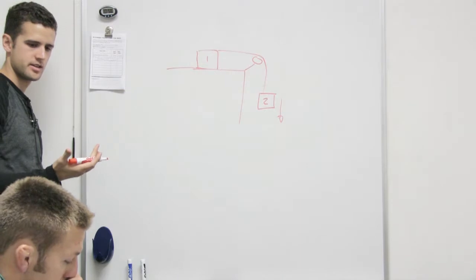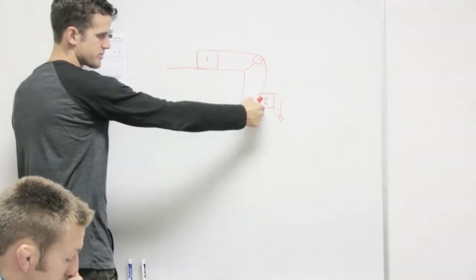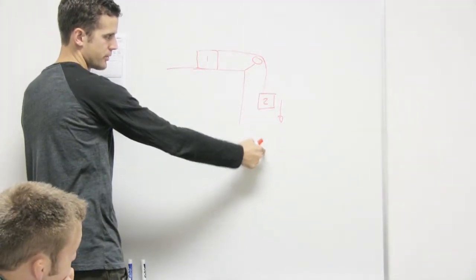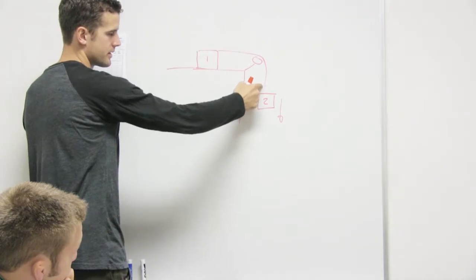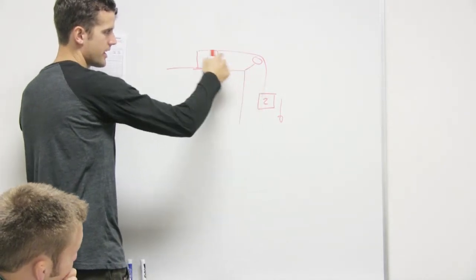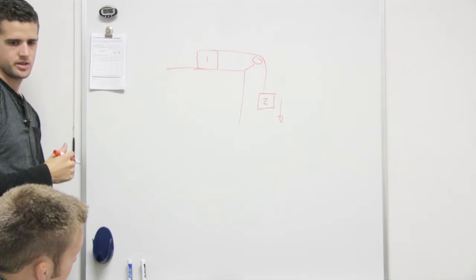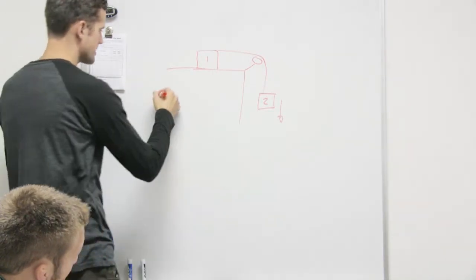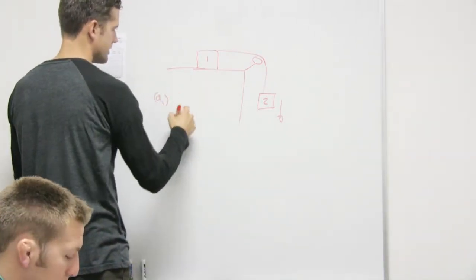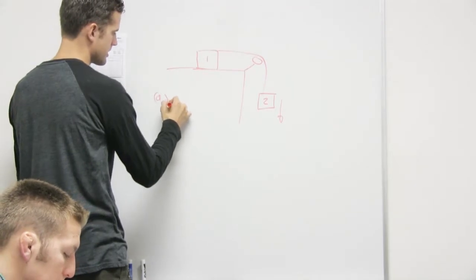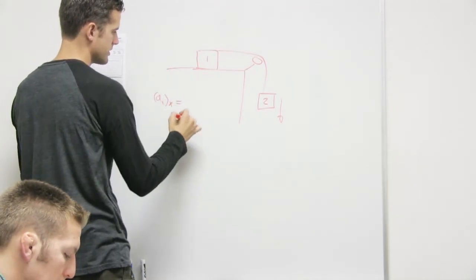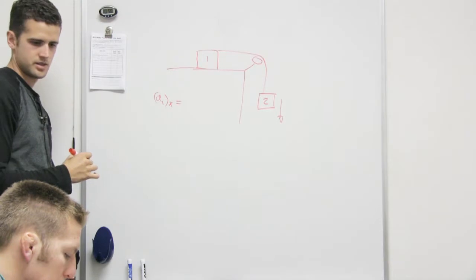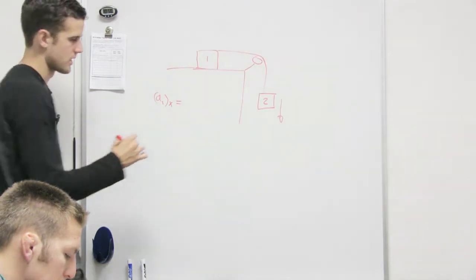If block 2 is moving with a certain acceleration, what does that mean about the rope? It's going to be all the same. So what about block 1? That'll be equal. So you could say A1 in the x direction is going to be equal to A2 in the y.